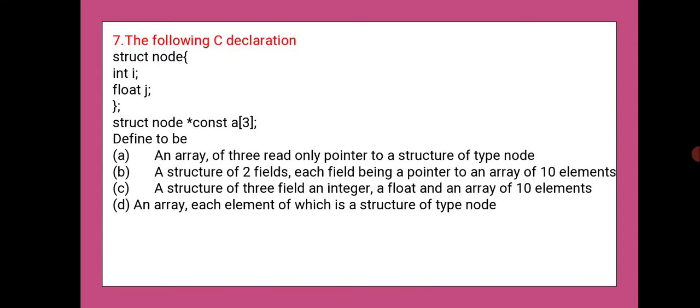C, a structure of 3 fields, an integer, a float, and an array of 10 elements. D, an array, each element of which is a struct of type node. My answer is an array of 3 read-only pointers to a structure of type node. See, struct node *const a[3] is defined to be an array of 3 read-only pointers to a structure of type node.